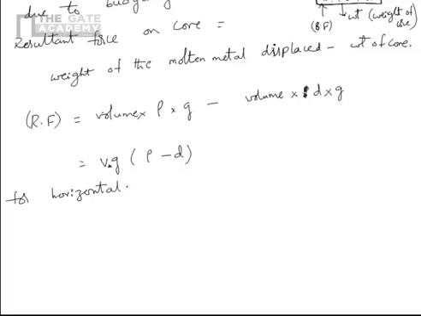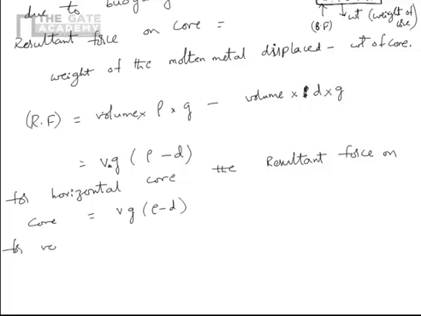For a horizontal core, the resultant force is Vg into (rho minus D).